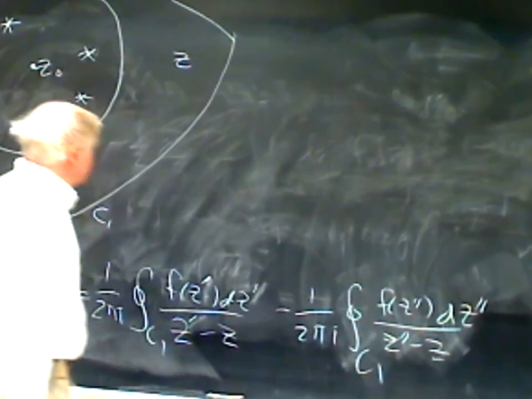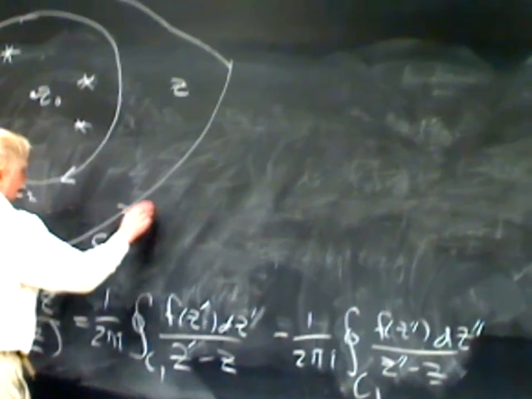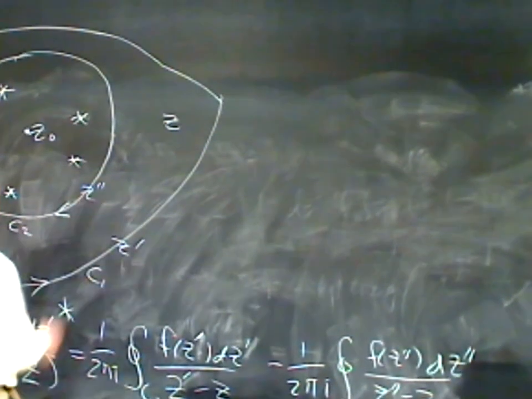So, Z prime are the points here, Z double prime are the points there.